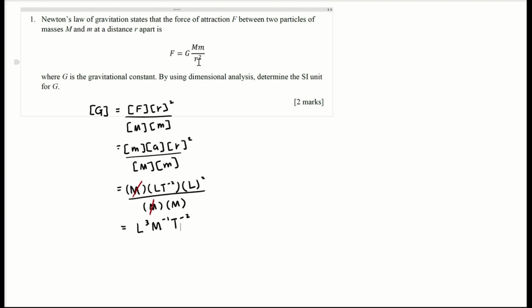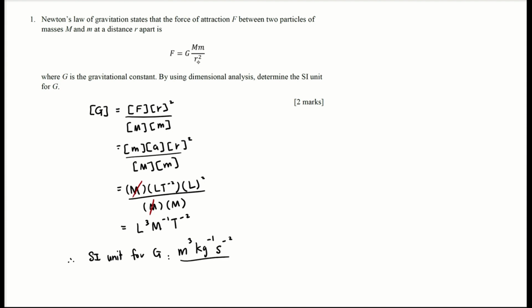So, soalan minta unit, therefore, the SI unit for G is equal to, berapa tu? L adalah length kan? So, unitnya adalah meter. So, dia akan jadi meter cube, mass is kg, so per kg, T is time, in seconds, so s negative 2. So this is the answer for question number 1.